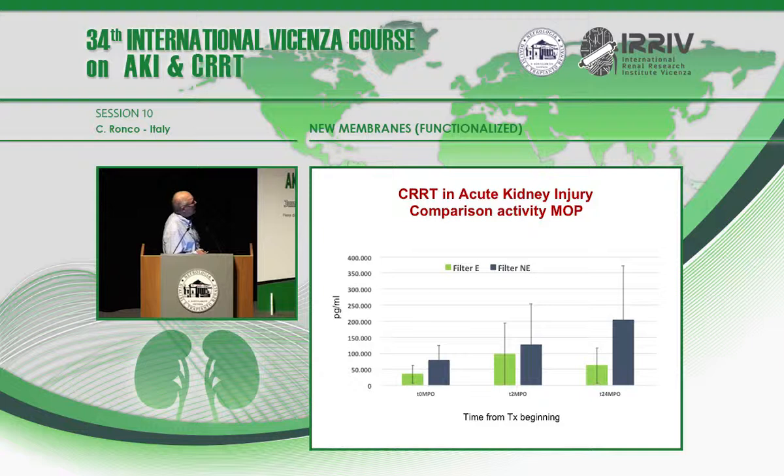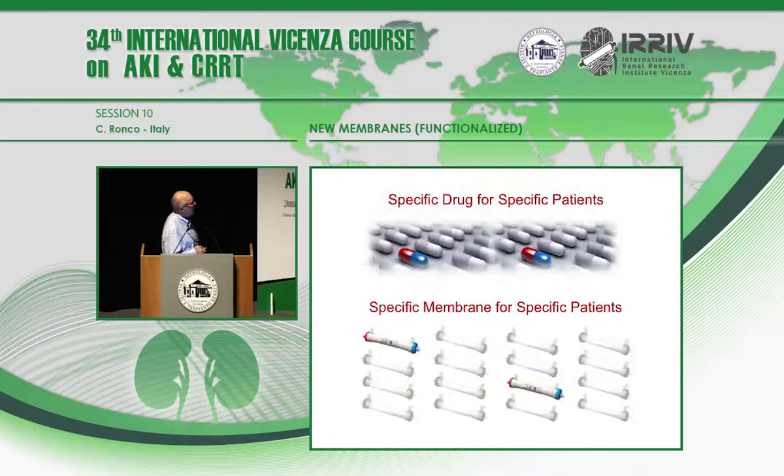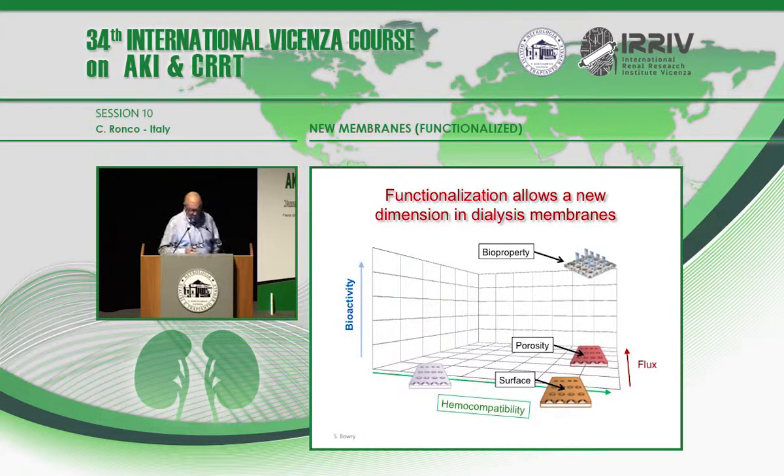This is quite an interesting result that we have found, because the idea could be that, as specific drugs are delivered to specific patients, for example in oncology, we might identify specific patients that may benefit from specific membranes. So the whole concept is that we may enter an evolution in the concept of membranes.